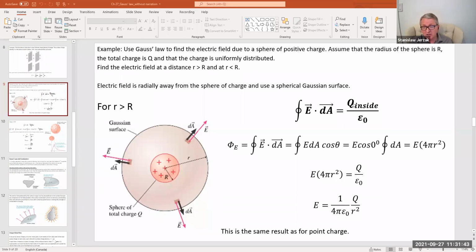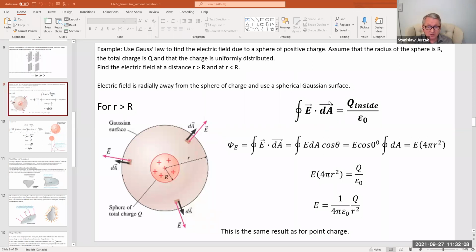When I say net charge inside, remember that there might be some positive, some negative charges. You have to calculate the net charge inside of the surface. Our purpose, however, is to calculate electric field produced by these charges, and as you see, electric field is under the integral.